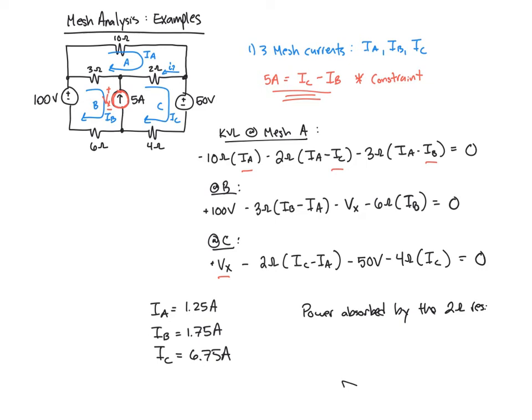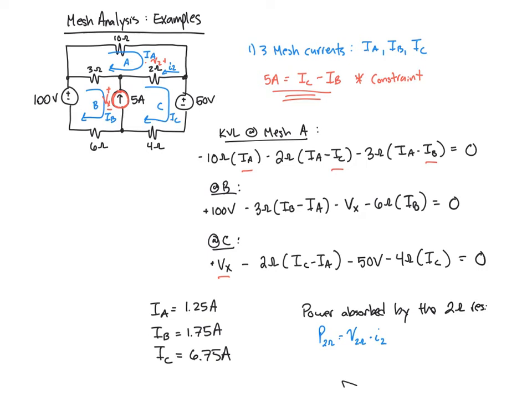So we know that the power of the 2 ohm resistor is given as the voltage across the 2 ohm resistor times I2. Note that since we wrote I2 going from right to left, I'm implying that V2 is negative to positive from left to right.